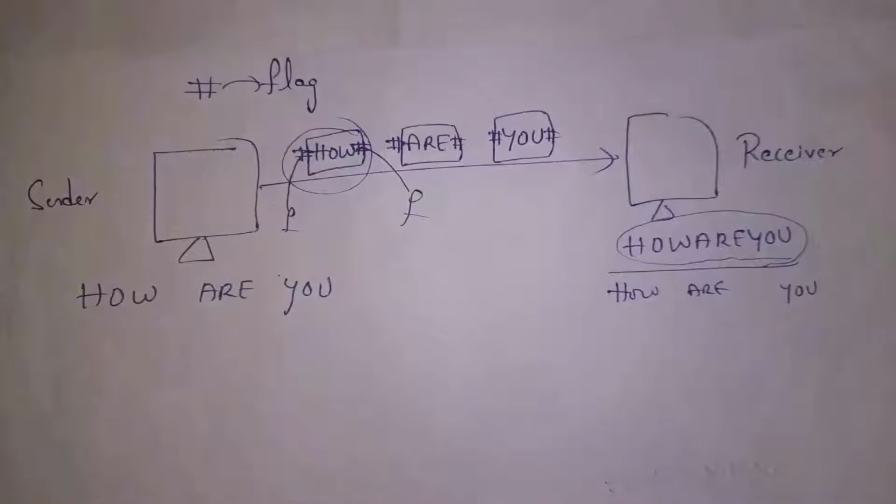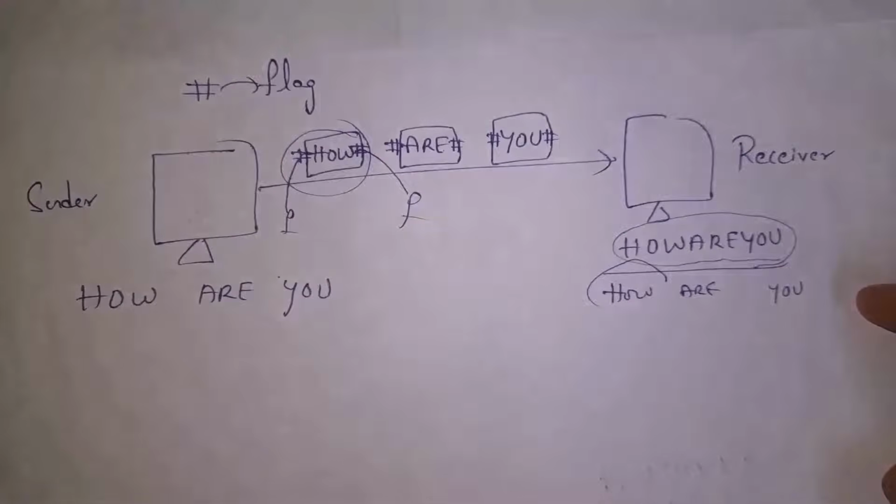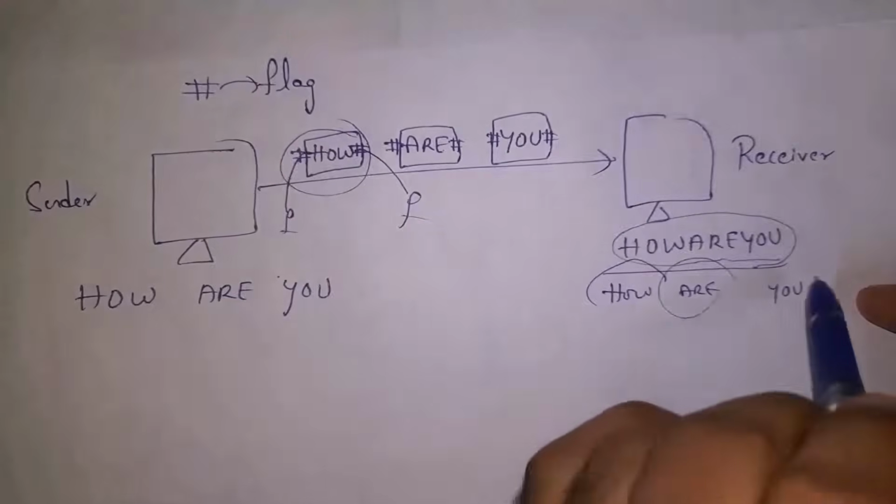As we are including flags for each frame, the receiver can now read data correctly. Whenever the receiver receives each frame, it will decode that frame and then read the data. Decoding is nothing but removing the flags and then reading the actual data. At first the receiver will read "how", then "are", and then "you".